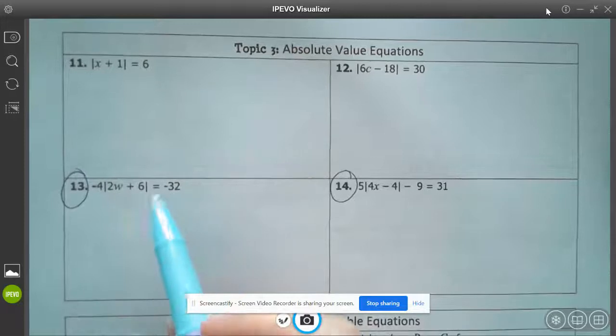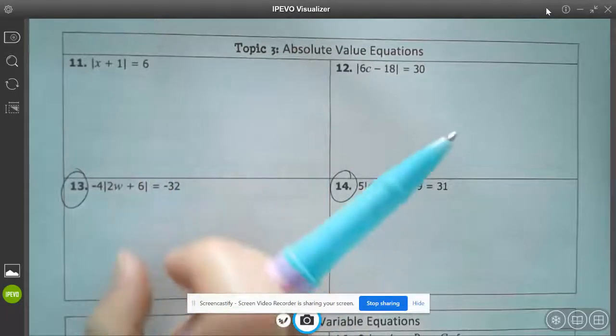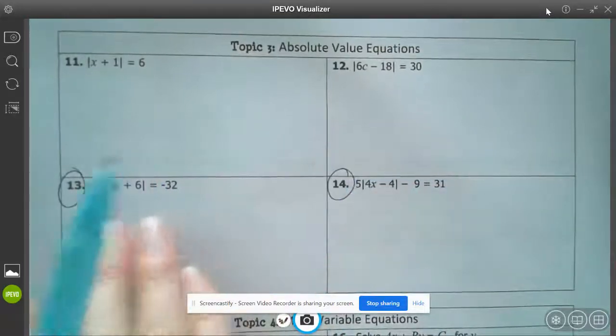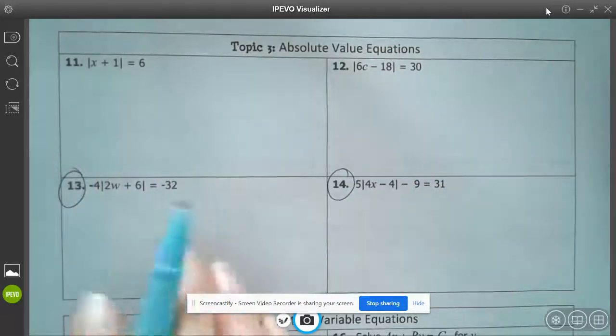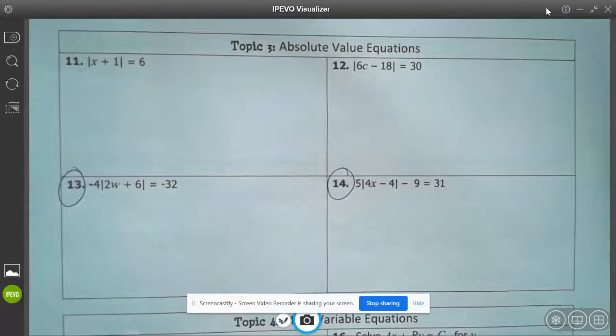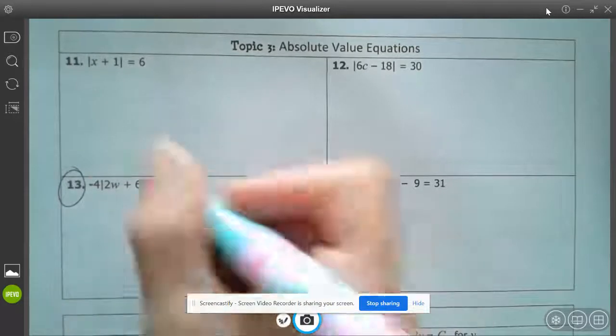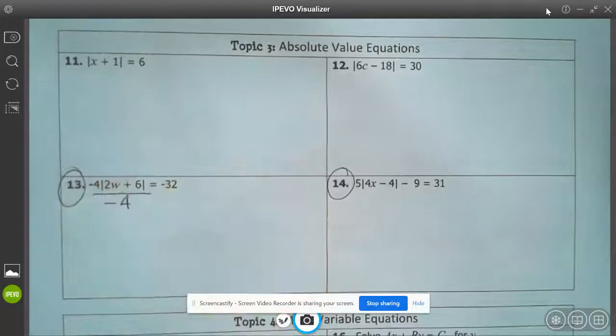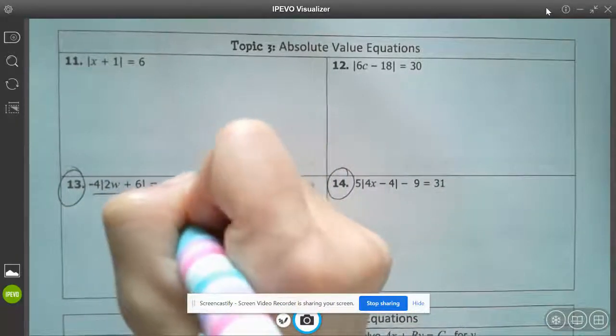So the first thing here that we did is that with absolute values, we have to leave the absolute value terms isolated on one side so we can solve for them. Remember, we had two scenarios, right, that we had to deal with. So here we have to get rid of that -4 by dividing, right, because that's multiplying. So divide by -4 on both sides.